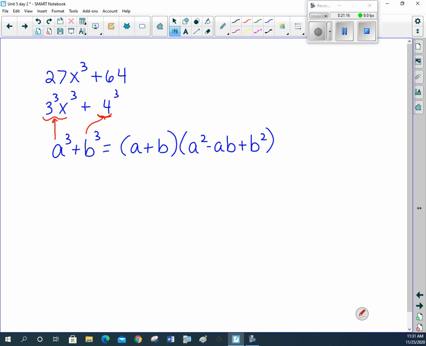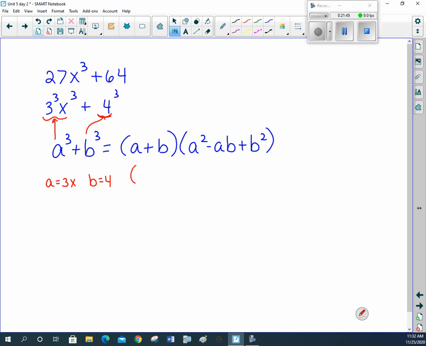So when you try to figure out a to the third, that means a is 3x, because if I take 3x and raise it to the third power, that gives me 27x to the third. Okay? So then what does b have to be? Well, b is 4, because 4 to the third is 64. All right, once you know what a and b are, then you just plug them into your formula over here.